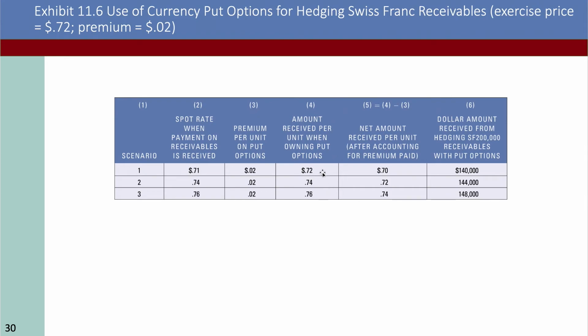So 0.72. Now this includes the exercise price 70 plus the premium. All right, you get this number. Column 5 is 4 minus 3. Here is the put exercise, X, the exercise price, minus the premium. You get 70.